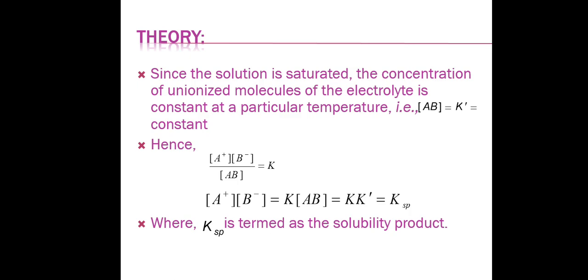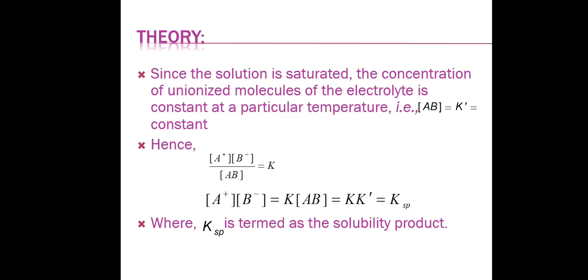Since the solution is saturated, as we have learned, the concentration of the unionized species will always remain the same. That is what we mean by saturation: the system will not dissociate further, or the concentration of the ions will not increase in the solution.